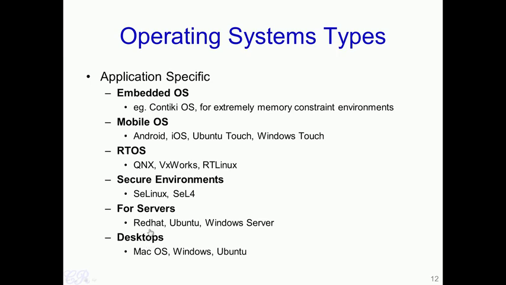Server operating systems are such as Red Hat, Ubuntu and Windows Server, while desktop operating systems are for example Mac, Windows and Ubuntu. While these two types of operating systems have several features which are similar, there may be subtle differences in the way the OS manages the various applications running on it.